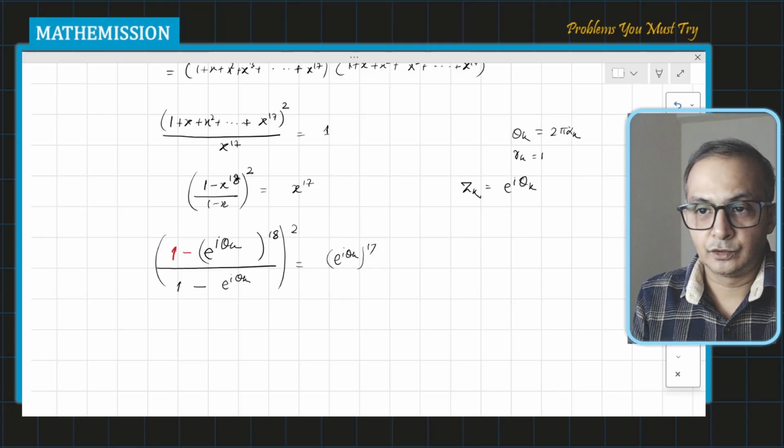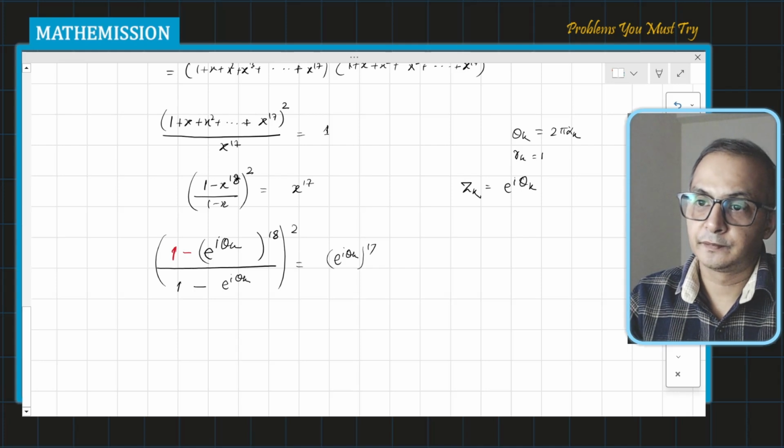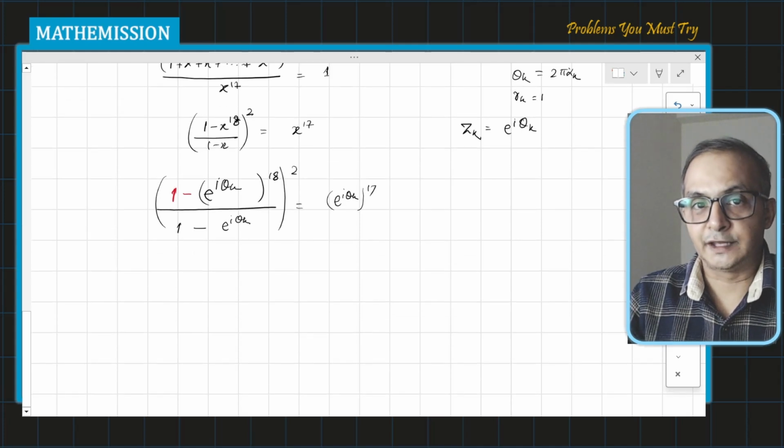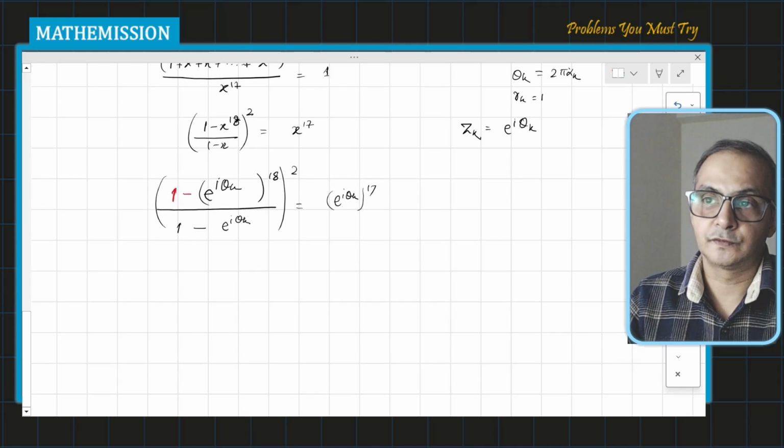Now what we can do is take the magnitude on both sides, because I'm willing to find the theta values, and further I will use it for finding alpha.